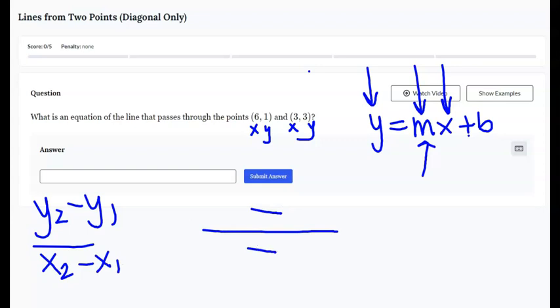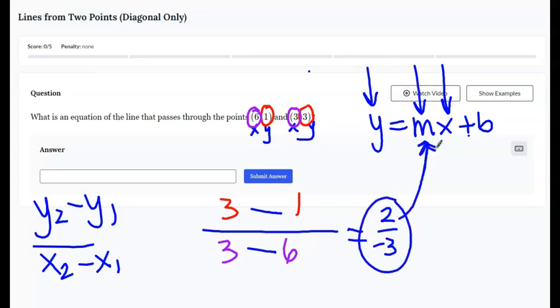So let's take our y-coordinates here, 3 and 1, and find their difference. And then let's take our x-coordinates here, 3 and 6, and let's find their difference. And when we do that, we will find our slope, 2 over -3. So that number is going to go here.